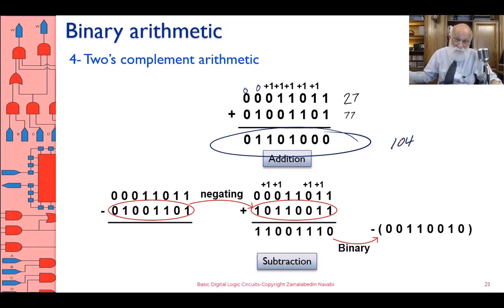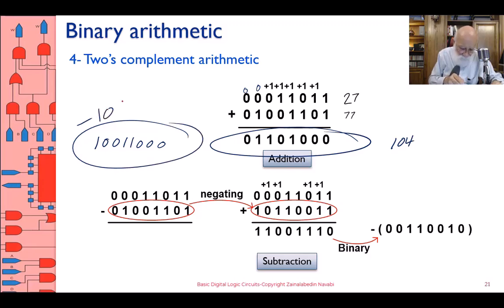Do you want to know what minus 104 looks like? Here, 0, 0, 0, 1, and then 1, 0, 0, 1. This is minus 104. Okay? Just so that you see the conversion. I didn't need it here. All right. Let's look below.